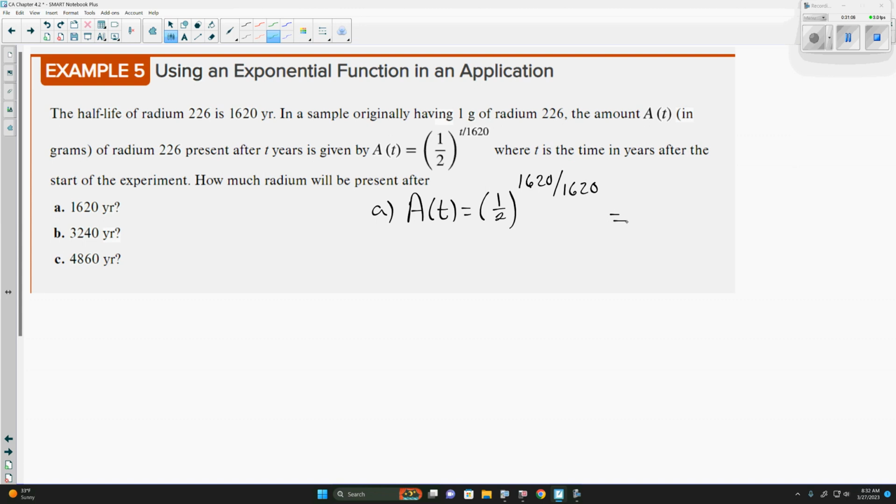Anybody have a guess at what that's going to be? Because 1620 divided by 1620 is what? 1. So we'll just have 1/2 to the 1, or just 1/2. Our next one is at 3,240 divided by 1620. Do you think this number is going to get bigger or smaller than our previous answer?